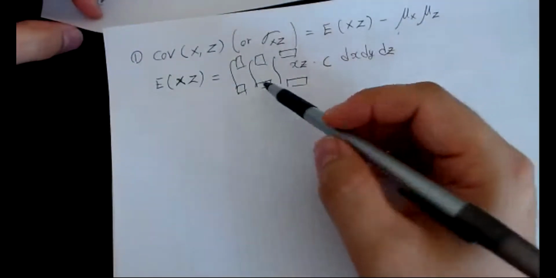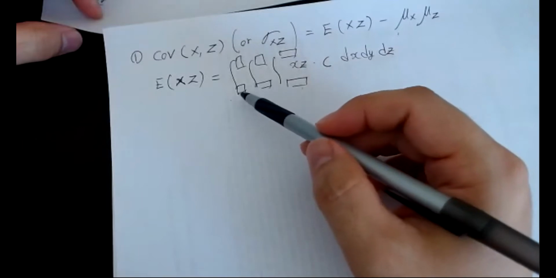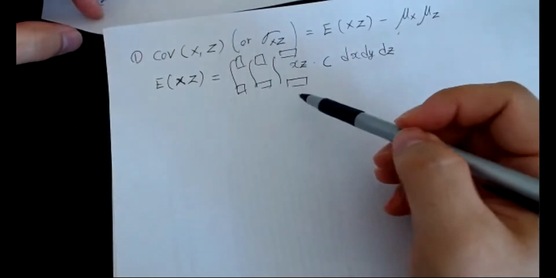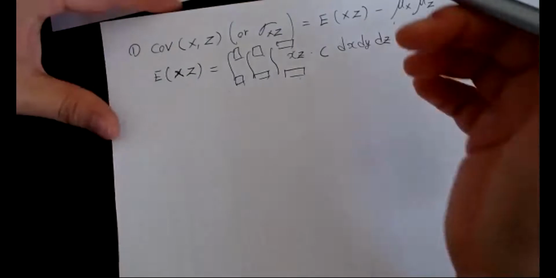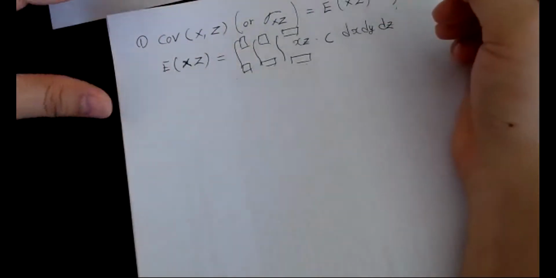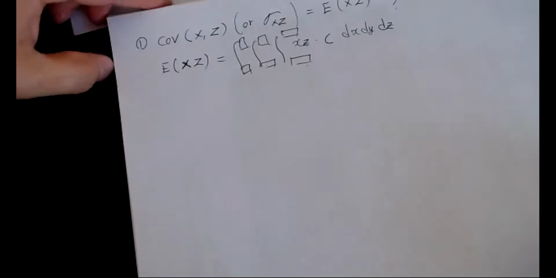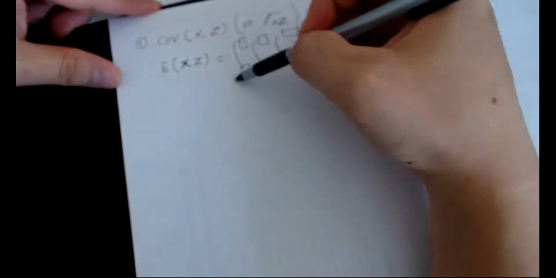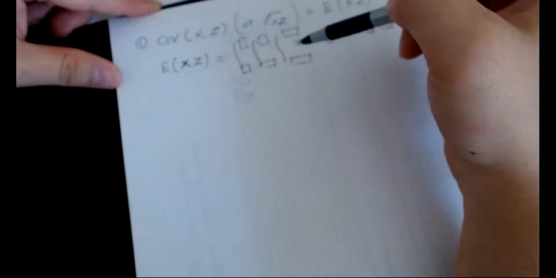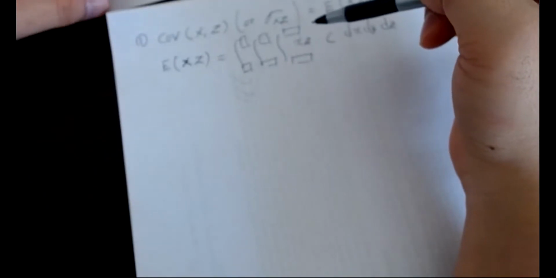Please review how to determine the limits of integration in a triple integral in your calculus 3 textbook. We don't have time to cover that part. The rule is that the outermost limit of integration must be a number.